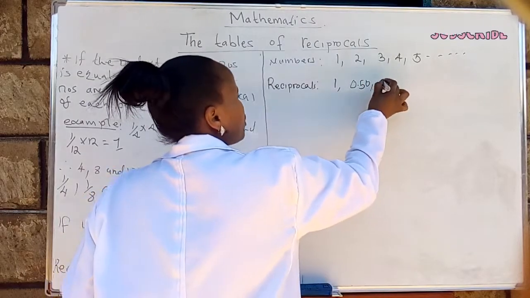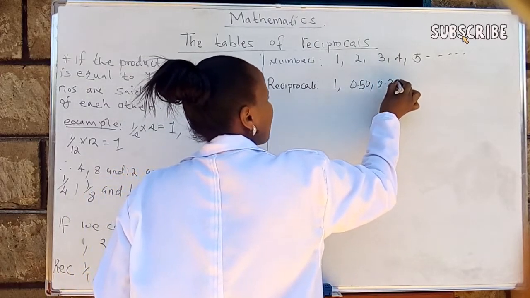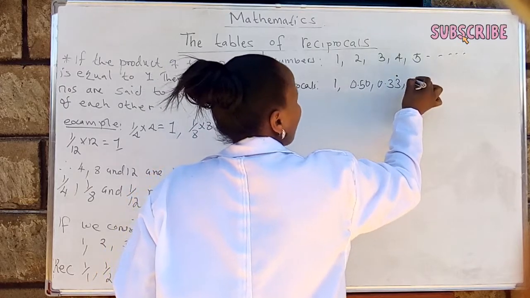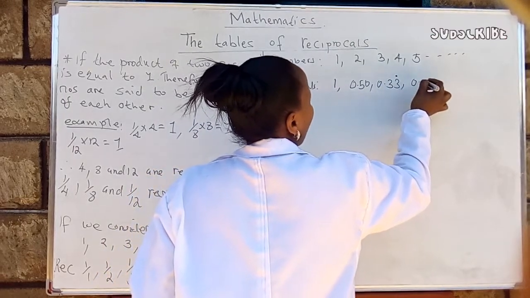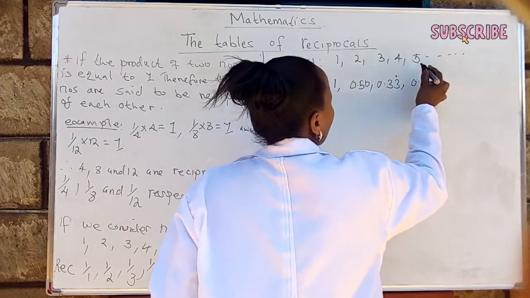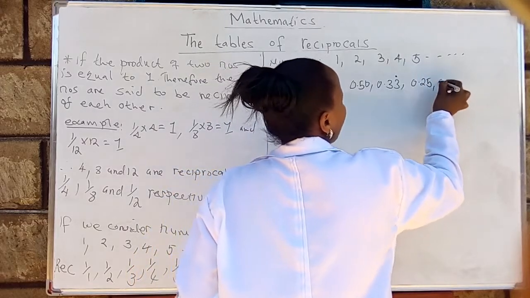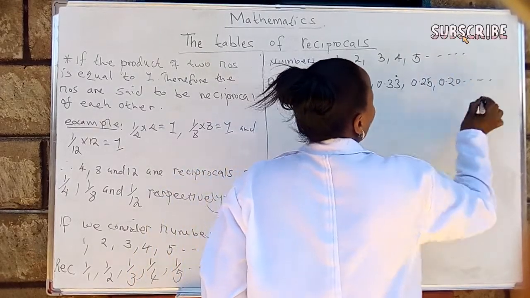That of 3 will be 0.333 recurring. The other one will be 0.25. And finally, we shall have 0.20, progressing like that.